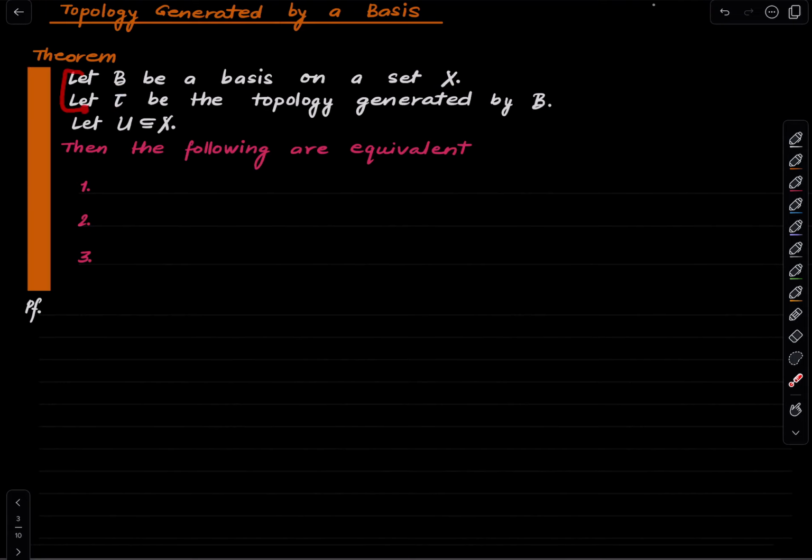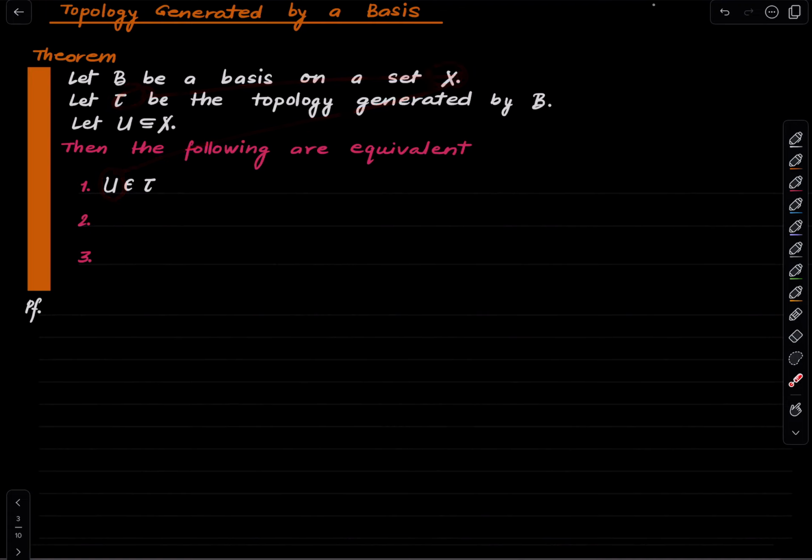So with that out of the way, fix any arbitrary subset U of the set X. The following are equivalent. The first is that U is in the topology generated by the basis. This is one statement. In other words, or said differently, we can say that U is open in X under tau.